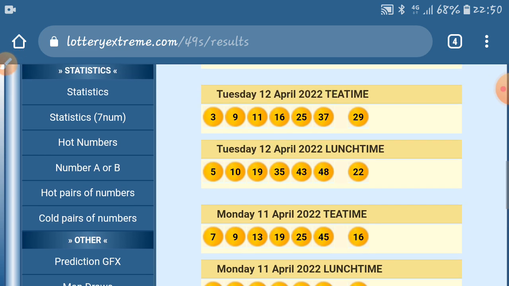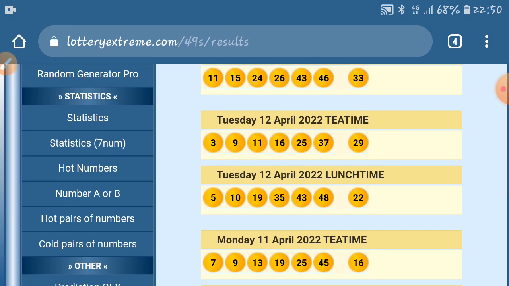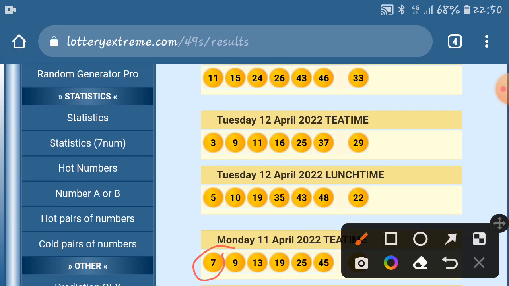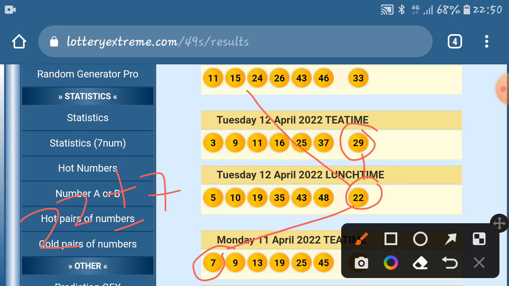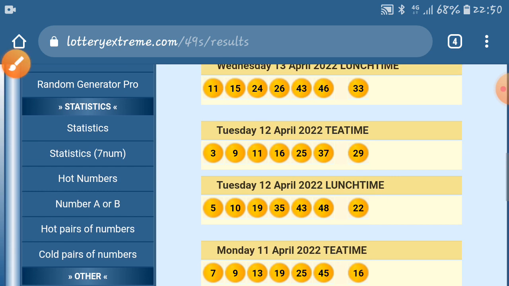It gives you a 9. 7, 22. 22 plus or minus 7 give you 22 here. Here it will give you 15. Okay, two numbers.